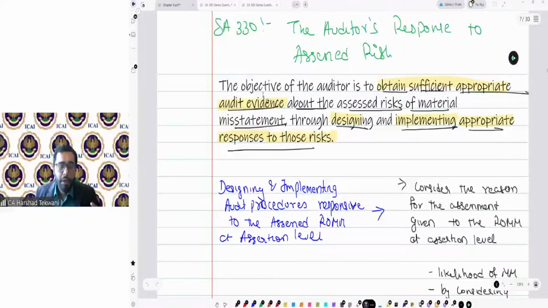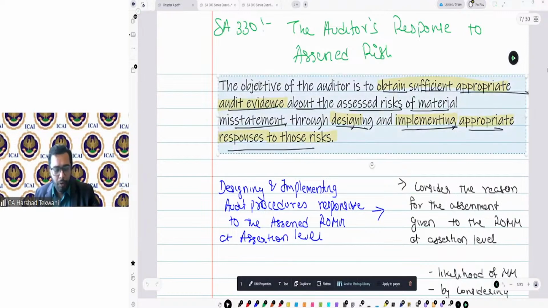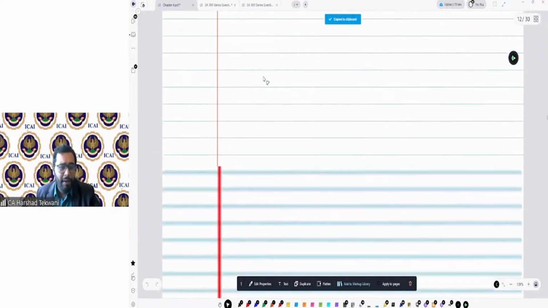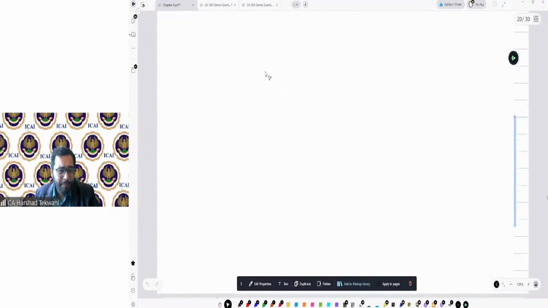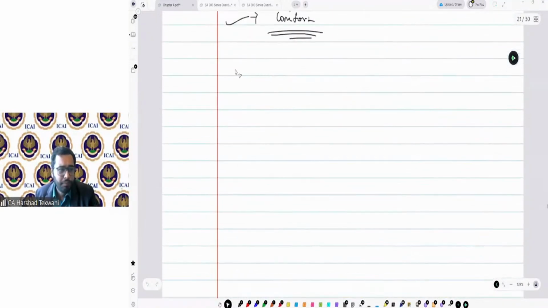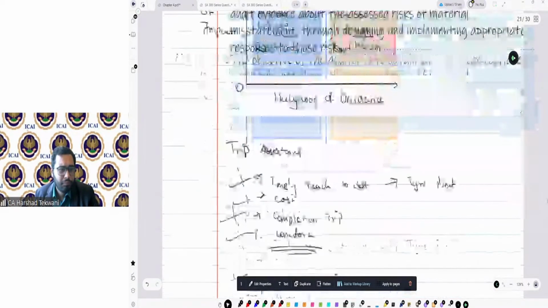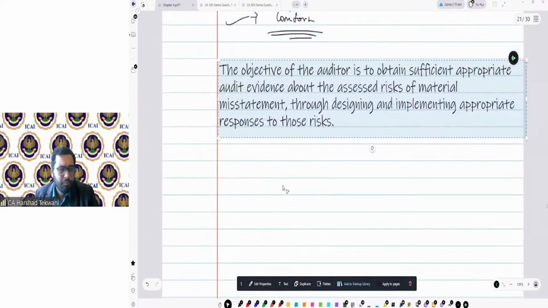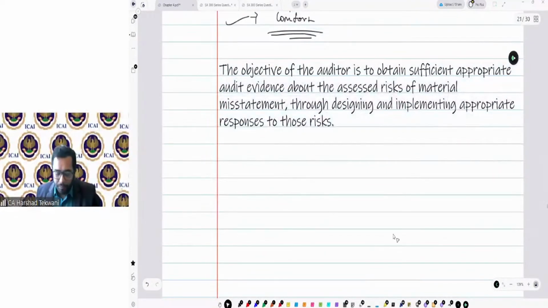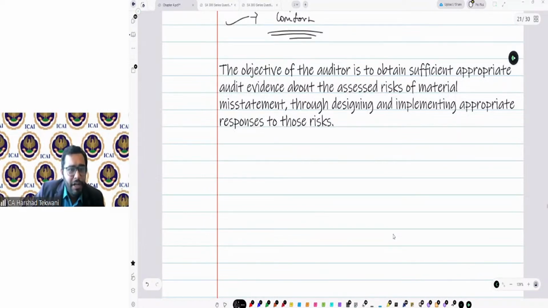I'll copy this and paste it below so that we can discuss our inventory example. Now, this is the scenario. The objective of the auditor is to obtain sufficient and appropriate audit evidence.